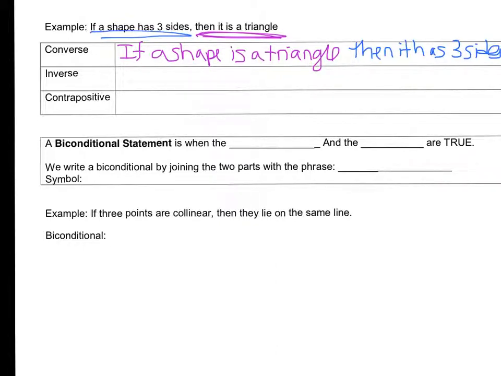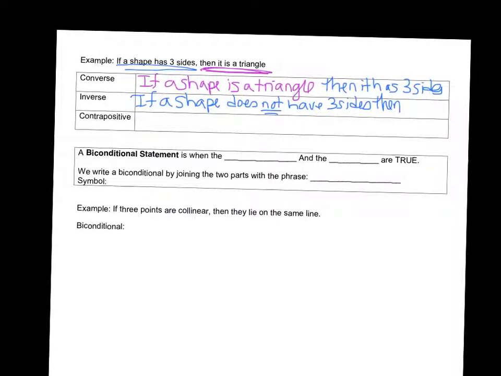Your inverse, you keep the same order, but you throw in that word not. So we're going to say if a shape does not have 3 sides, then it is not a triangle.